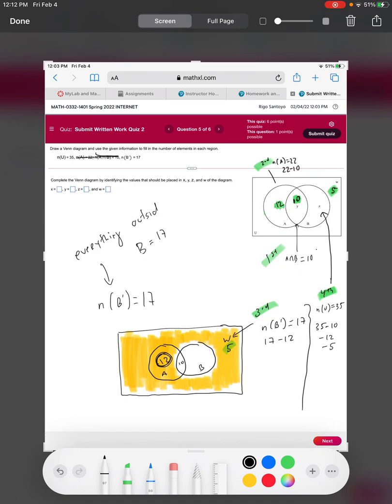So what do we get when we do 35 minus 10 minus 12 minus 5? It gives us 8, therefore telling us that our Z there is 8. So we are able to find all of these numbers with the information given.